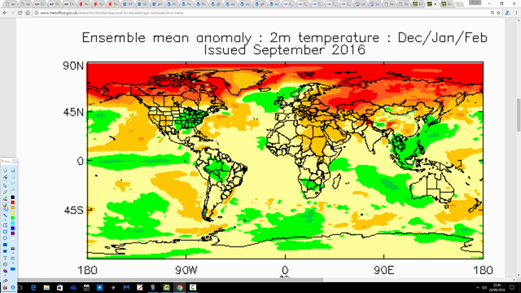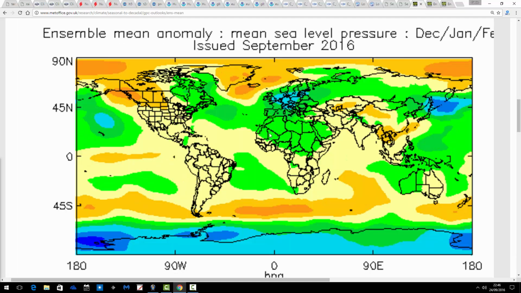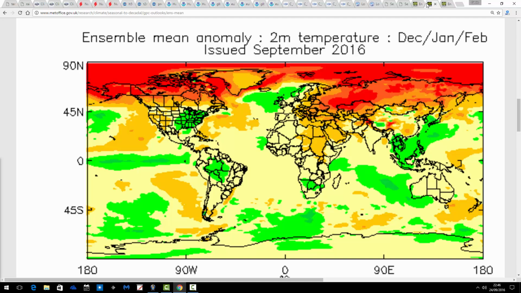So temperature anomalies, they're not actually as exciting as you might have expected from that sea level pressure anomaly. They do hint at being on the cold and average side for the UK. Otherwise, they're not desperately cold. But I would have thought, again, it's similar to CFSv2 really, if the pressure anomaly did come out like that for the winter, I think pretty much most of northern, central and western Europe will come out colder than average.